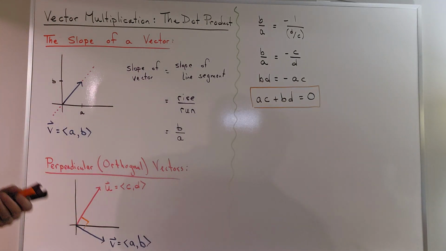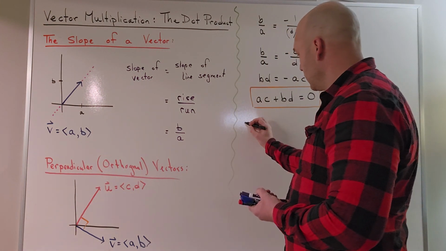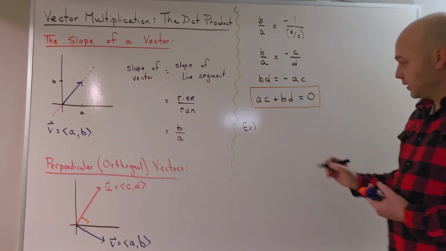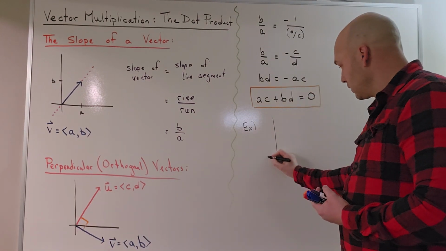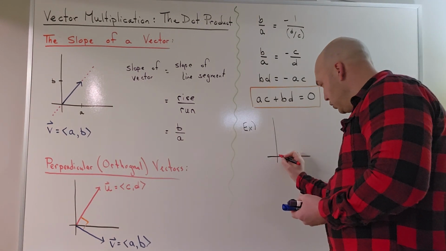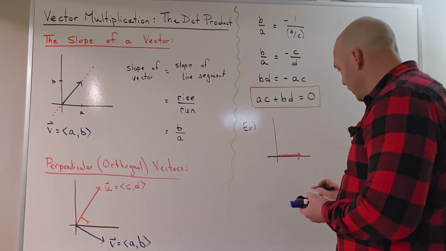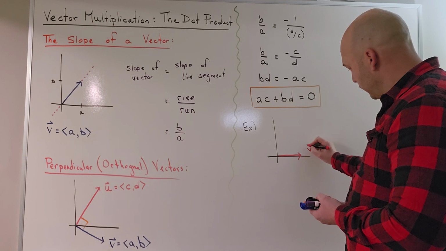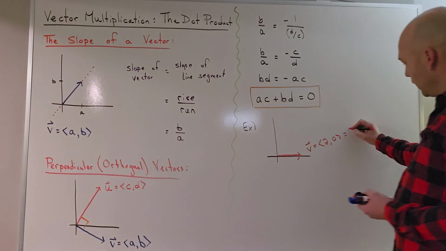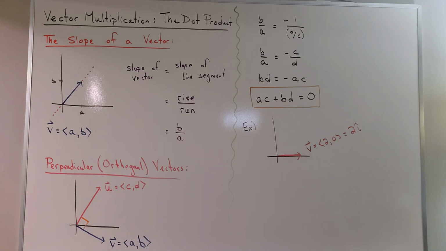Well, let's try that out with a specific example. And let's take a very simple example to start with. Let's look at the vector 2i, which would go 2 units in the x direction. So this would be, say, the vector v is equal to 2, 0, or if you're familiar with the unit vector notation, that of course would be the same as the vector 2i.